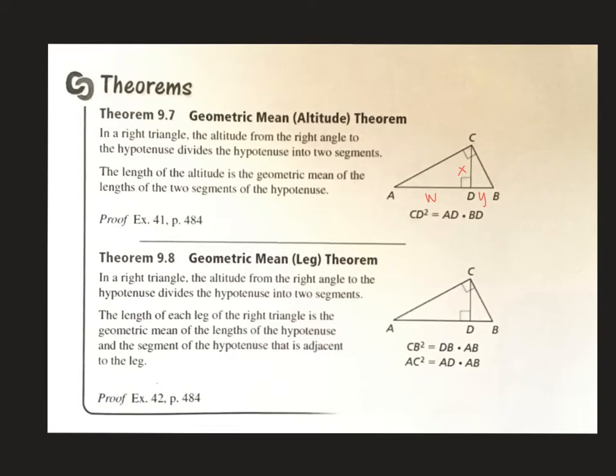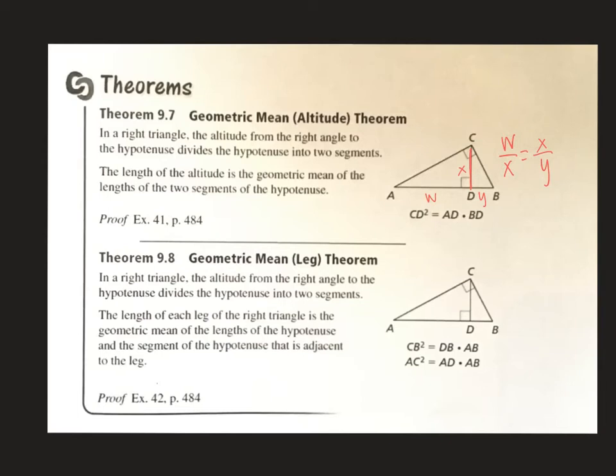So we would have W over X equals X over Y, which is where they're getting that CD squared, because if we cross multiply this, we have X squared, where I represented CD with the letter X. So that's where they're getting that CD squared equals AD times BD.